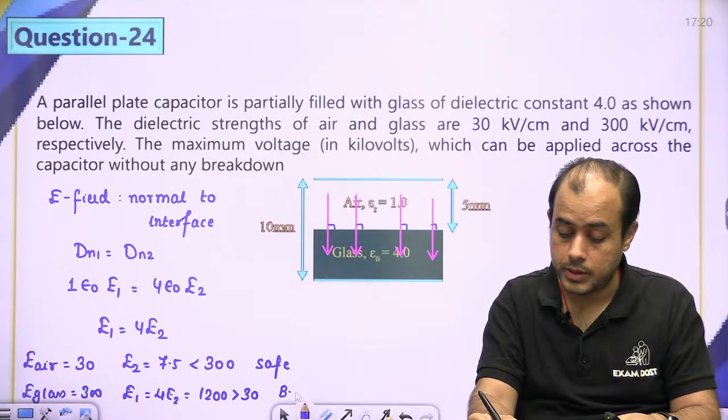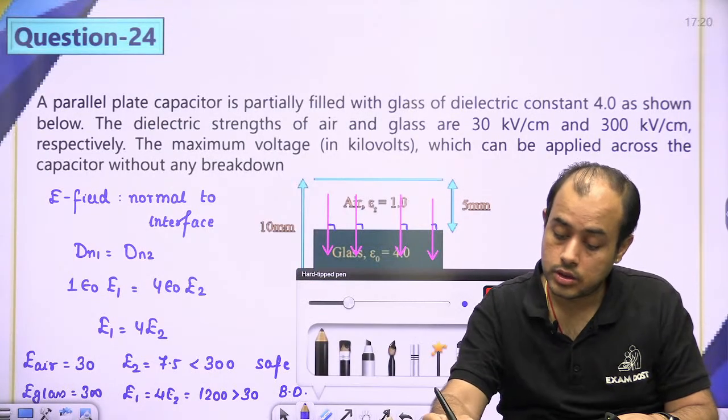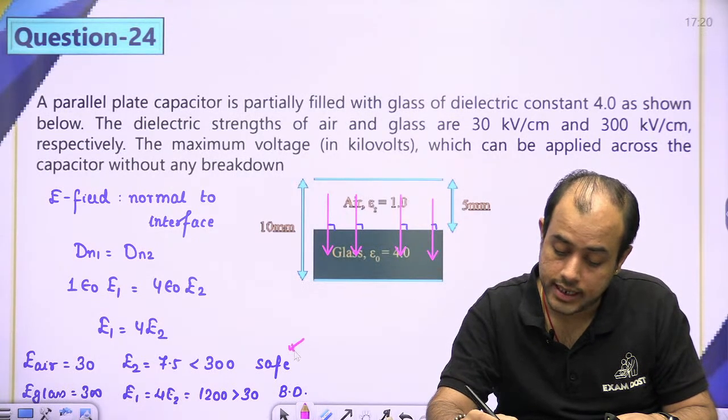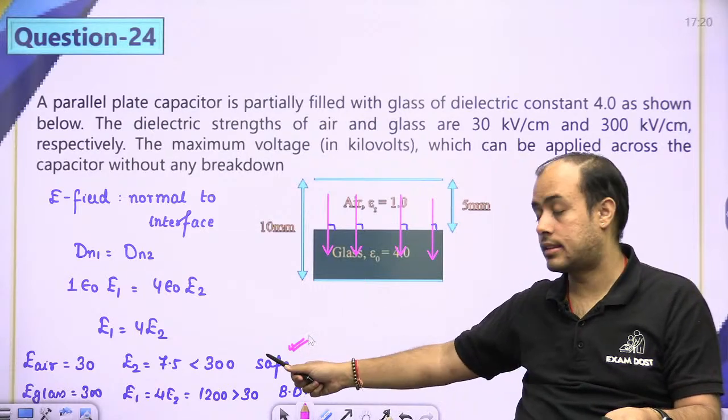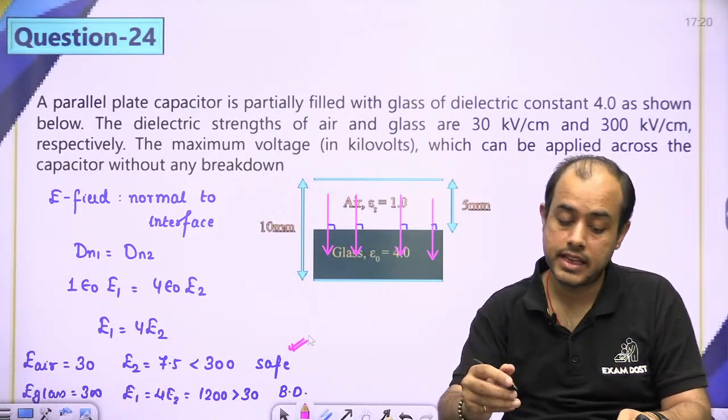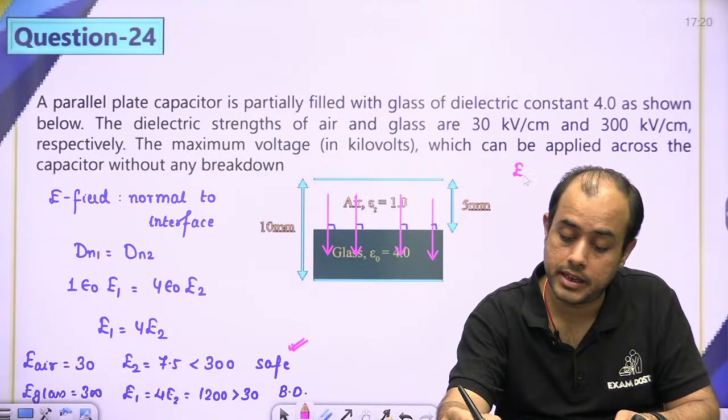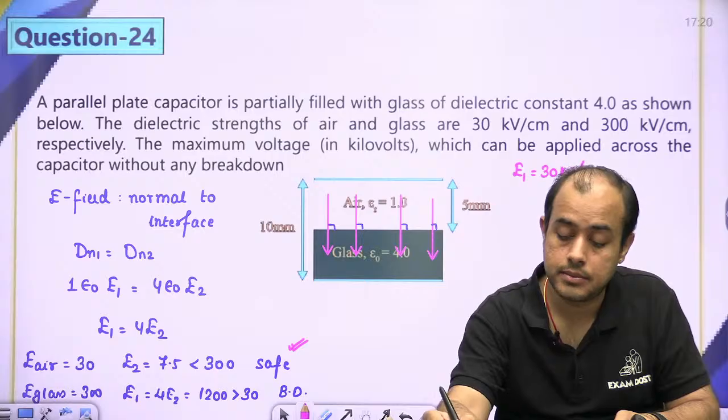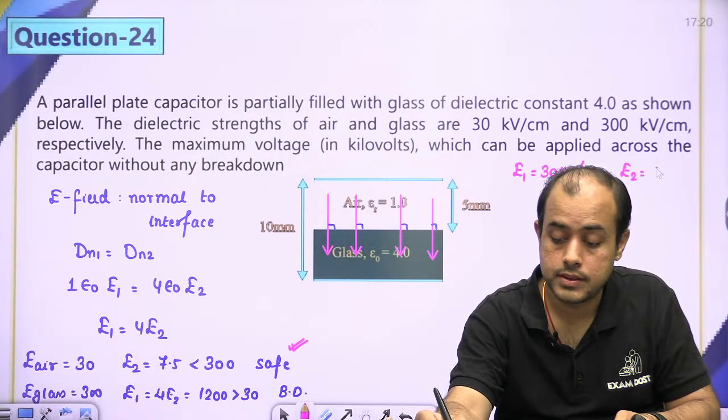So it will lead to breakdown. So in this case we have to take where the electric field is 30 in first medium, 7.5 in second medium. 30 kV per centimeter, E2 7.5 kV per centimeter.